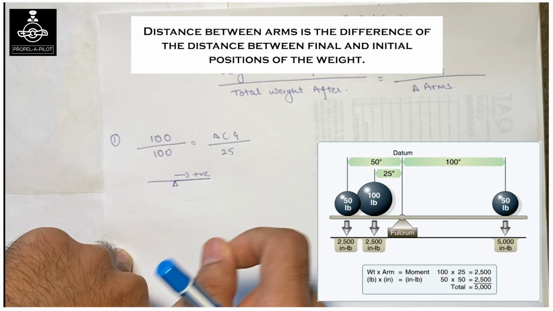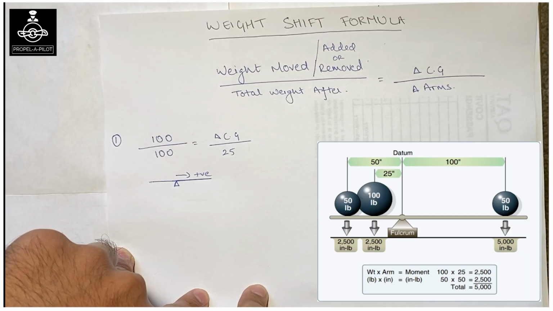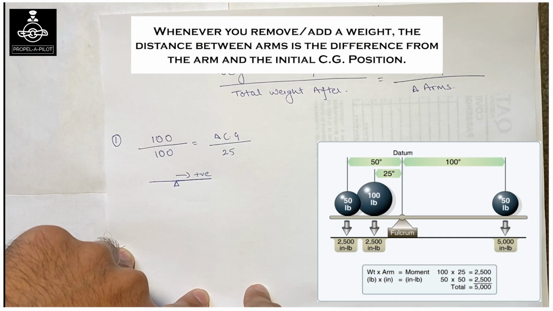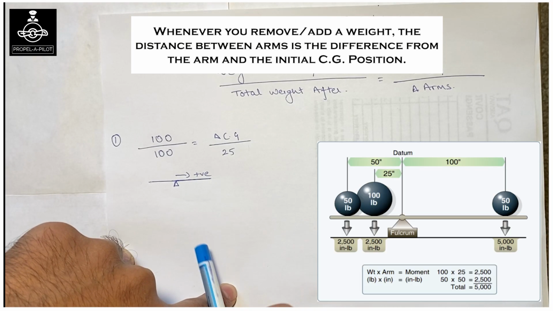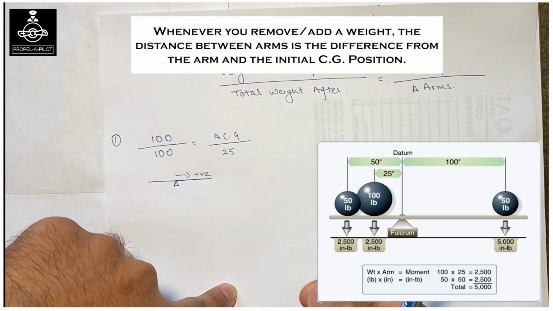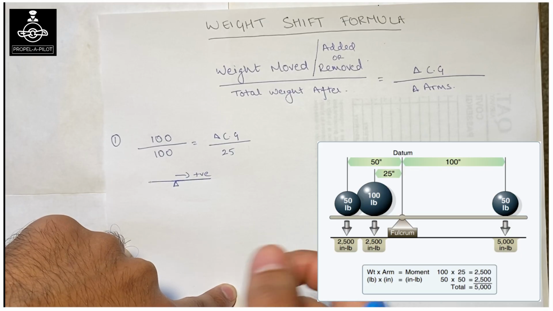Now, in our case, we are removing the 100-pound weight. Whenever you remove or add a weight, you always take the distance between the arms as the distance from the CG to where the weight is added or from where the weight is removed.